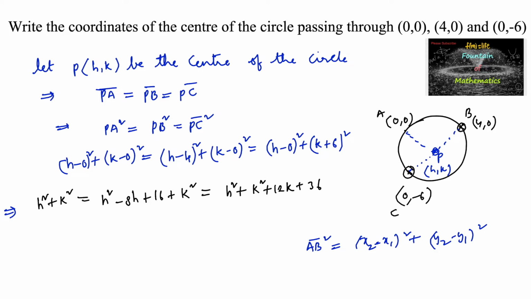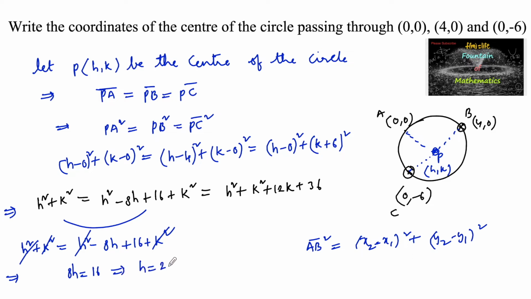Now equating 1 and 2, H square plus K square is equal to H square minus 8H plus 16 plus K square. So we'll get H square and H square with same sign, both gets cancelled. So we'll have 8H is equal to 16.